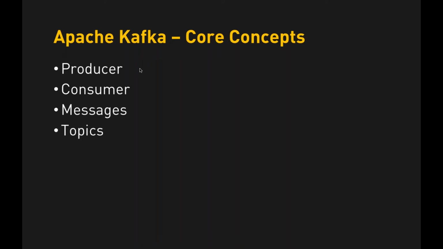Then there are topics. Topics are basically the central hubs responsible for collecting and forwarding all the messages, and topics are the contract between producers and consumers. So producers will precisely know which topic they're going to send the messages to, and consumers also know that they have to subscribe to this topic to receive the messages.